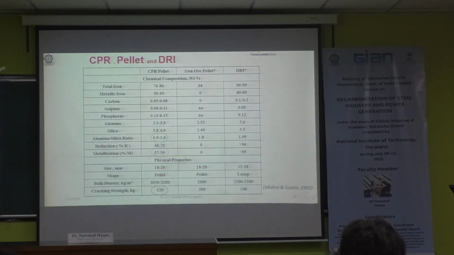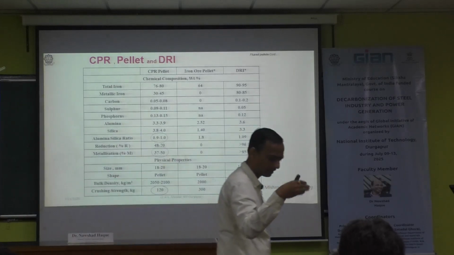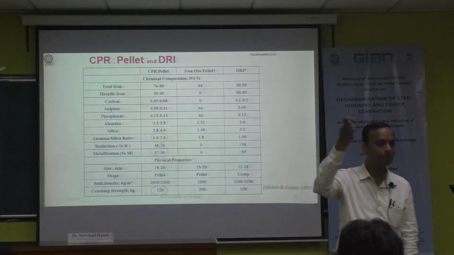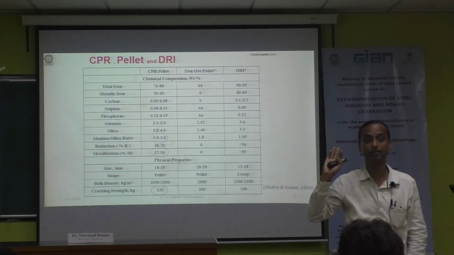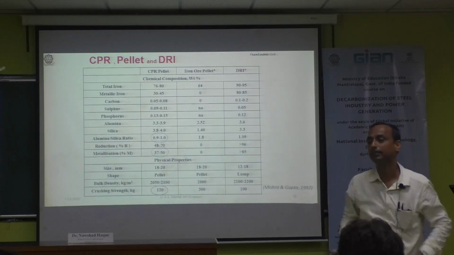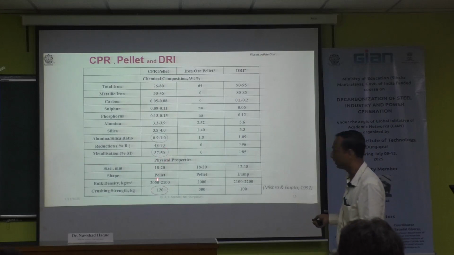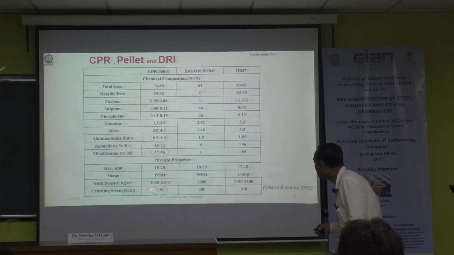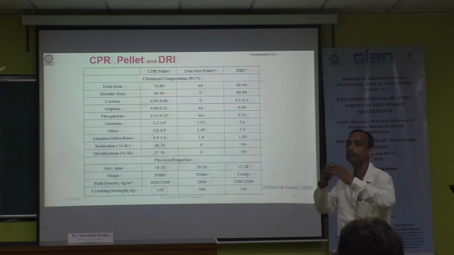It means some amount of iron ore which is applied for coating is reduced partially, like up to FeO at maximum. But reducing FeO is very difficult. So therefore the metallization is low. Another disadvantage is that crushing strength is less, which I discussed regarding the formation of the cavity.